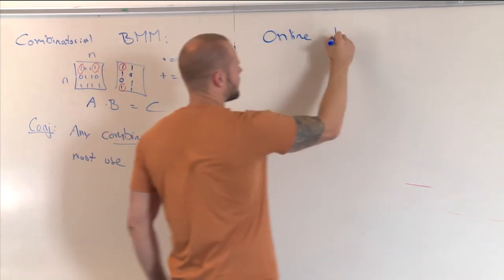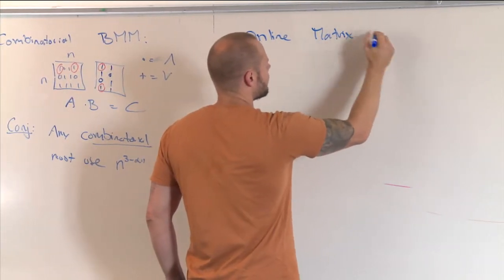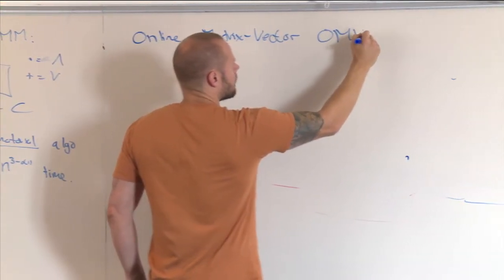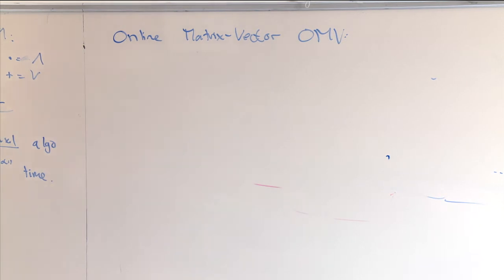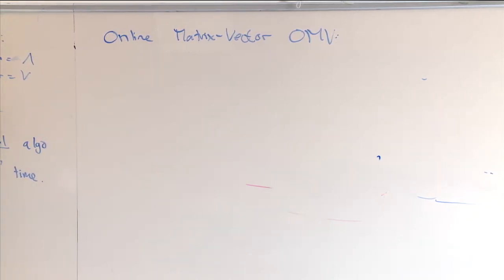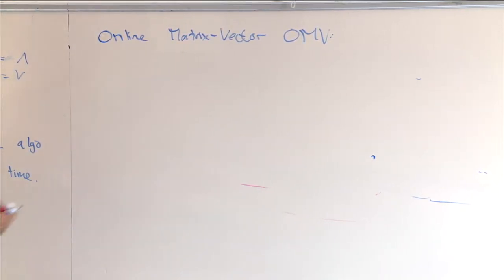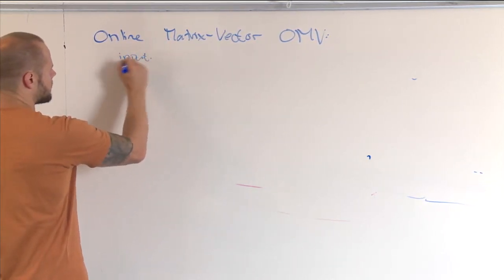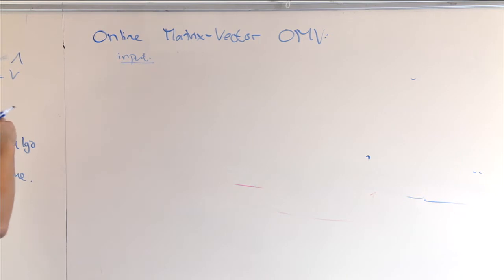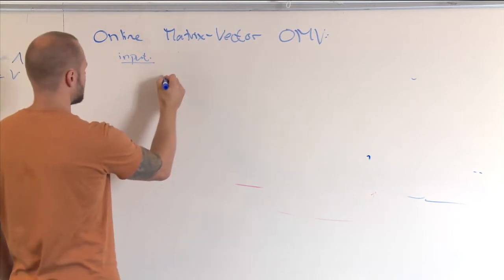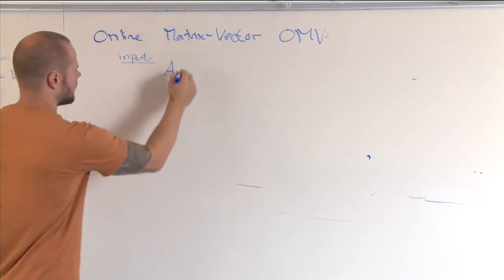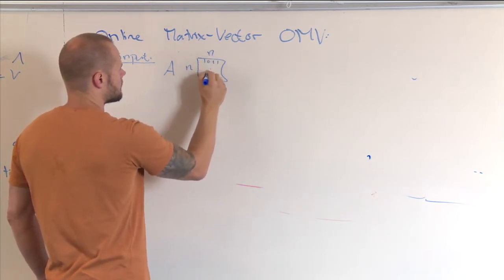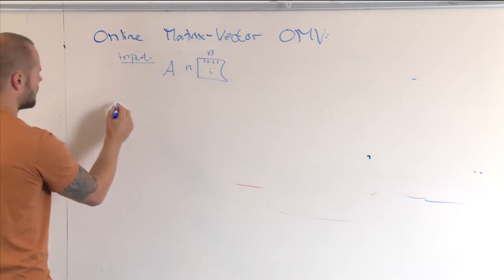So let's do the one that Amir already mentioned: the online matrix vector multiplication conjecture, OMV. The idea in this problem is just that you don't give the matrix B in advance, right? I guess it's actually a static data structure problem, but it's often used in reductions to dynamic problems as well. So the input is the matrix A, this n by n Boolean matrix, and then you get queries.